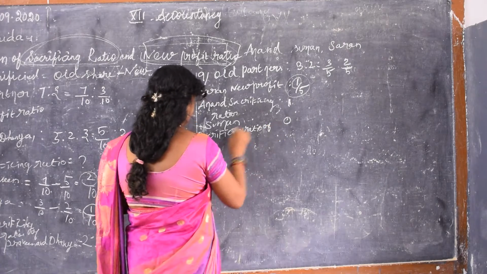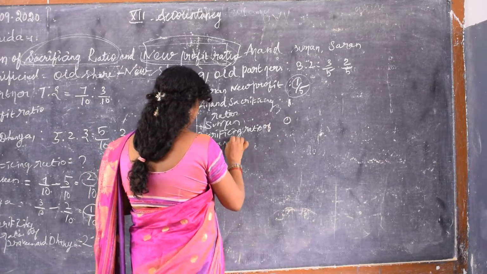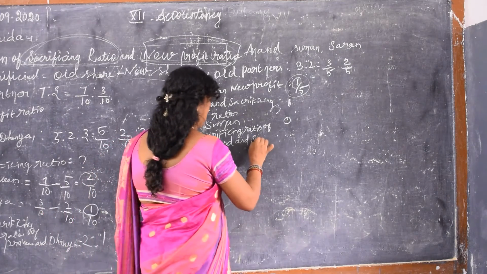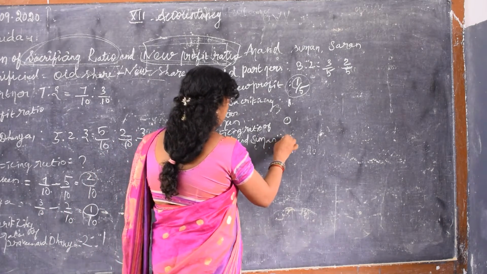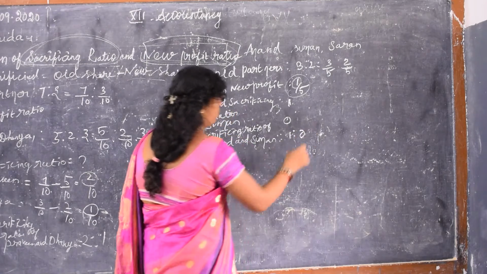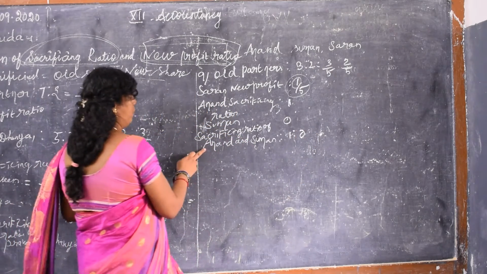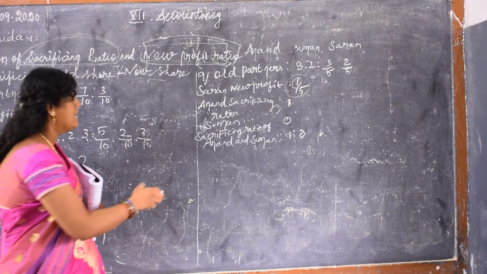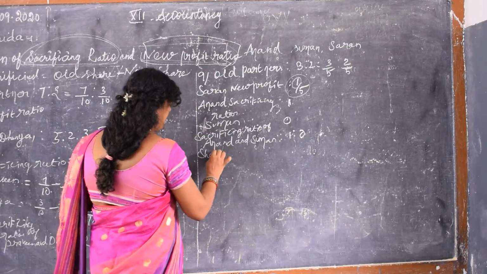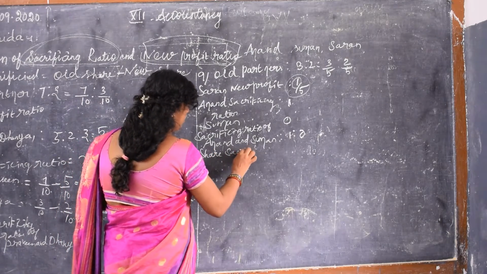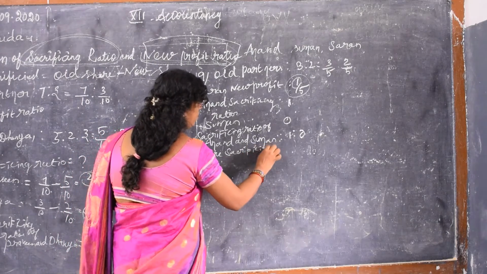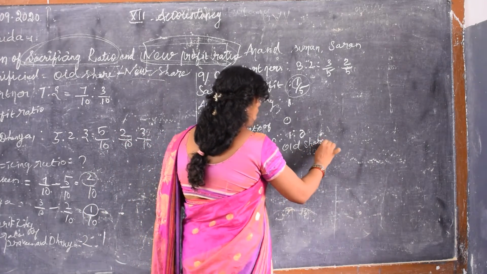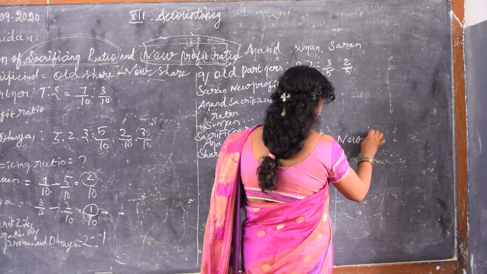Write like this, because the first step is to find out the sacrificing ratio of Anand and Suman. So Anand and Suman is 1:0. Now we found out the sacrificing ratio. The second step is to find out the share sacrificed. Write the formula: share sacrificed is equal to old share minus new share.